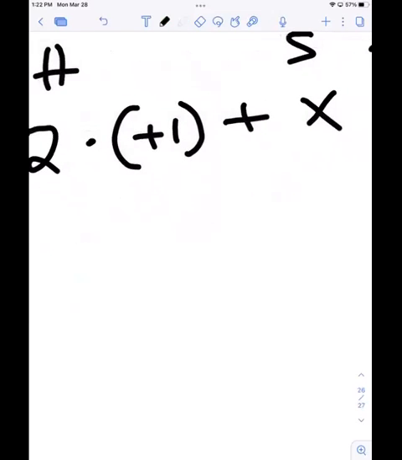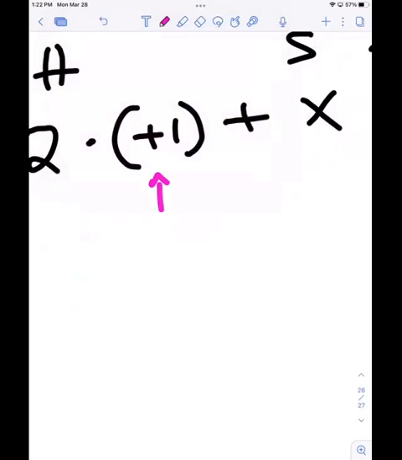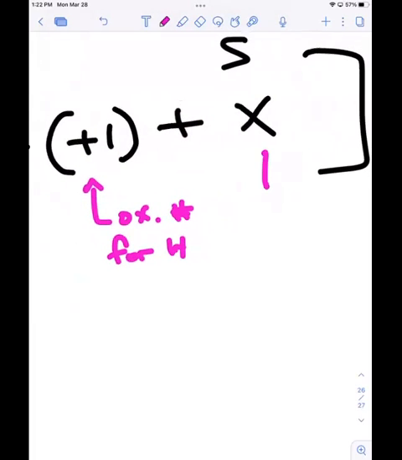So this is the oxidation number for hydrogen. And this, we're solving, is going to be the oxidation number for sulfur.